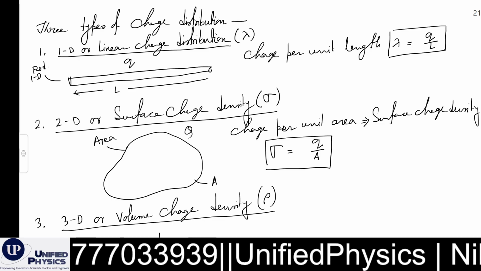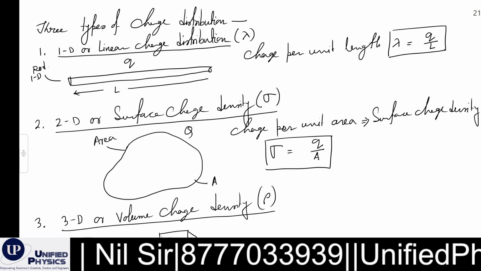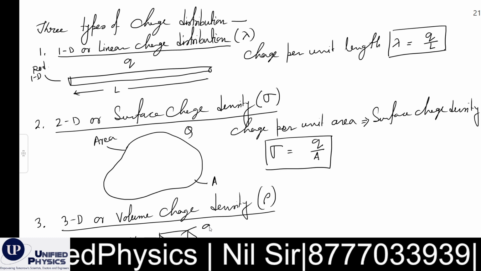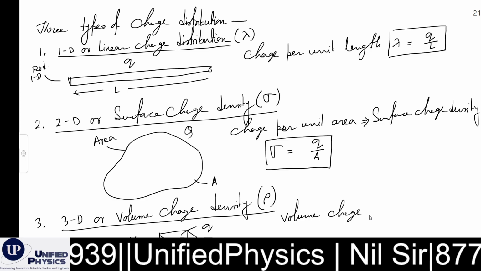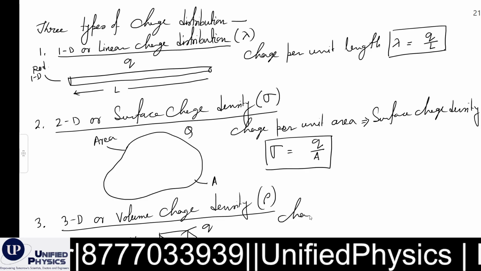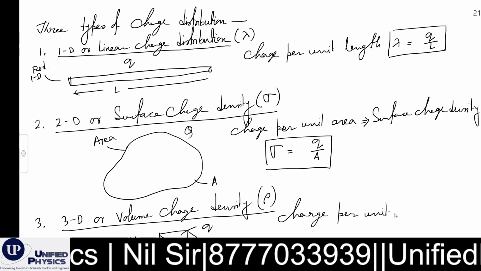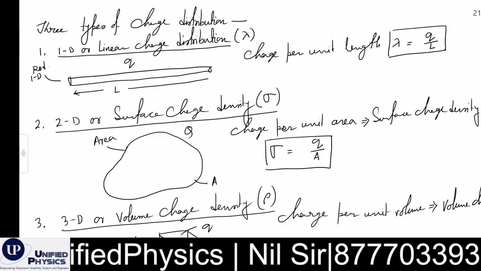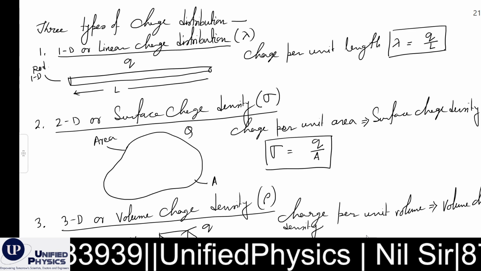Let us assume the volume of this body is V and the charge is Q, so the volume charge density rho is equal to Q by V.